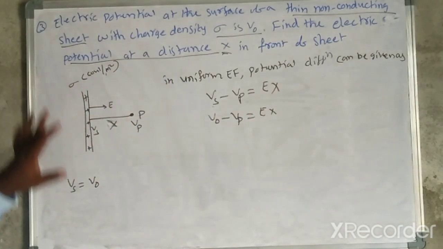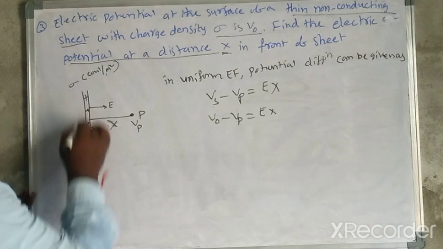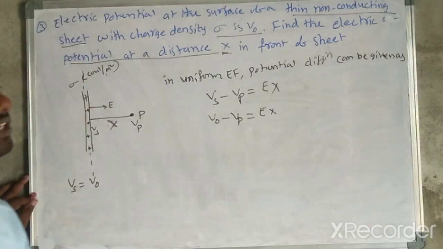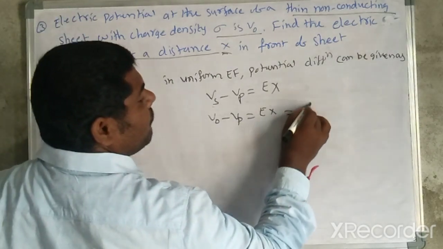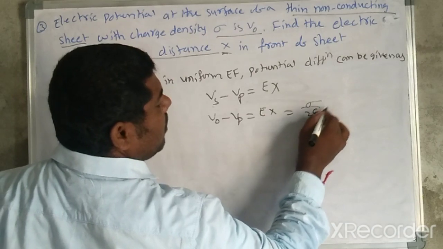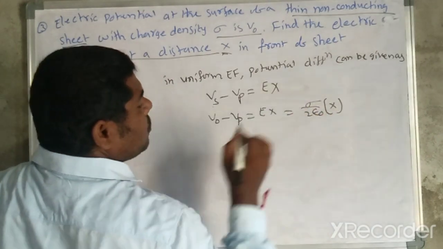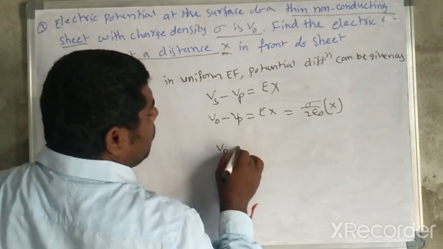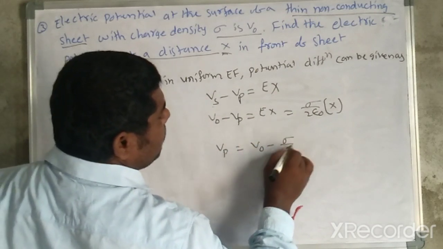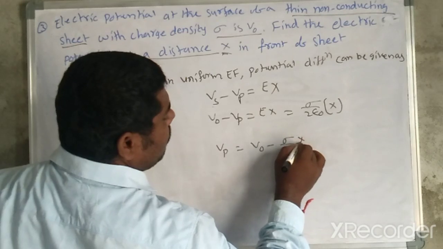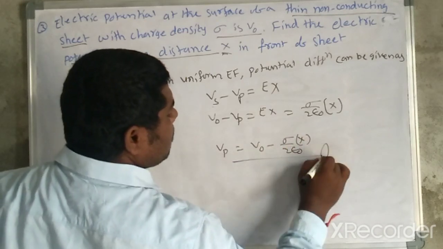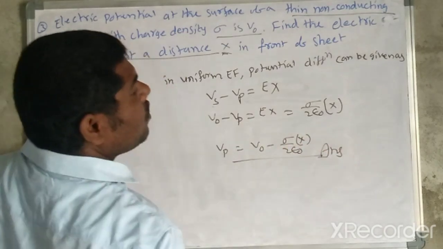So this one is the sheet, an infinite sheet. Electric field, already we know, is sigma by 2 epsilon naught. So here Vp is equal to V naught minus sigma by 2 epsilon naught into x. Now this is the answer to the question.